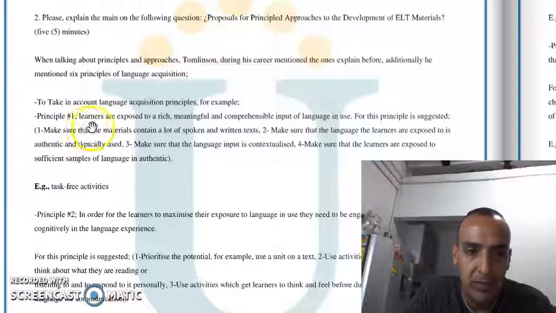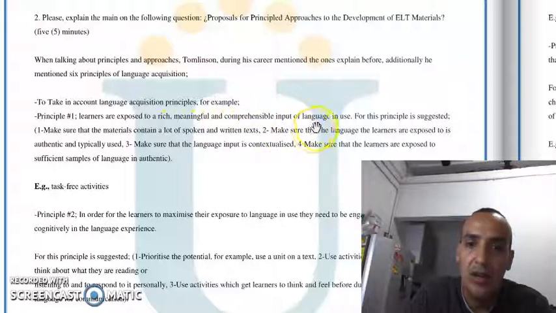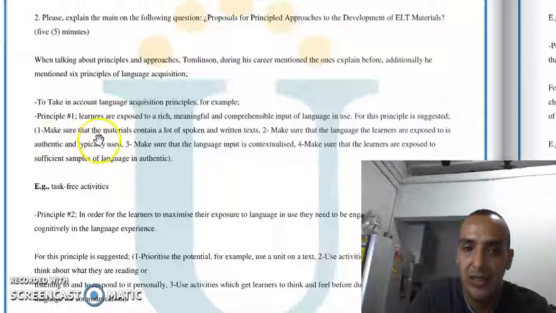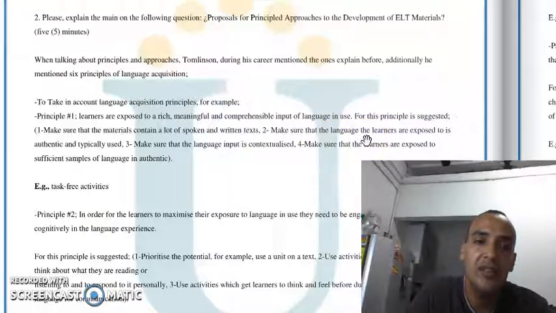Principle number 1, for example: learners are exposed to a rich, meaningful, and comprehensible input of language in use. So it is suggested that the materials contain a lot of spoken and written texts. Make sure that the language the learners are exposed to is authentic and typically used.